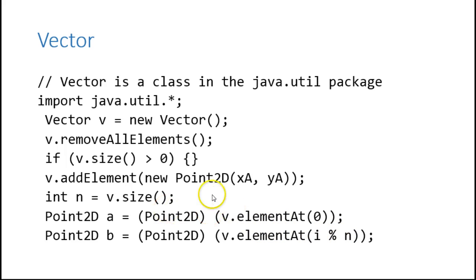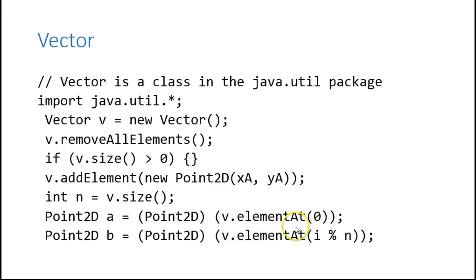And we said we were storing these point2d objects in here. And when we want to retrieve a point2d object, we declare it, point2d equals, and then to get that element, and this is kind of an old-timey version of vector that is being used in this program.